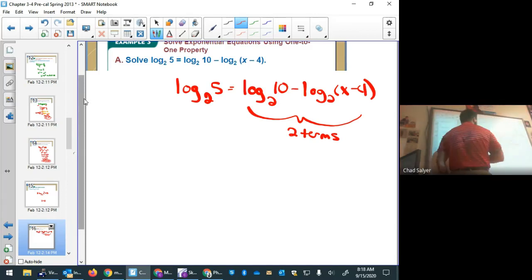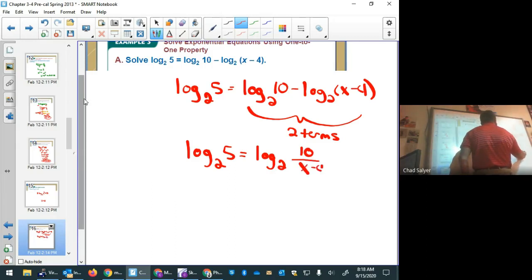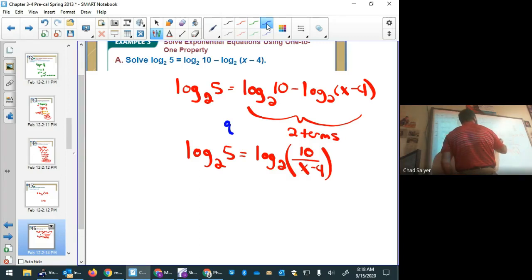So the way I'm going to do that is use the quotient property. The quotient property has allowed me to rewrite it in a way where it's 1 logarithmic term equal to 1 other logarithmic term. They both have the same base. And so it's appropriate here to use the one-to-one property. But again, in this first step, I use the quotient property of logs. And then here I'm going to use the one-to-one property of logs.